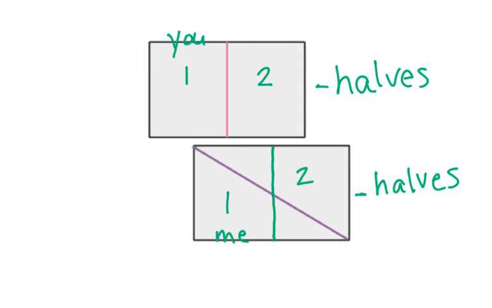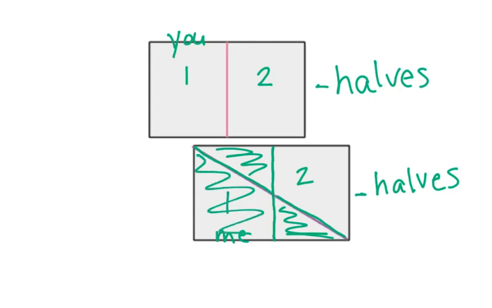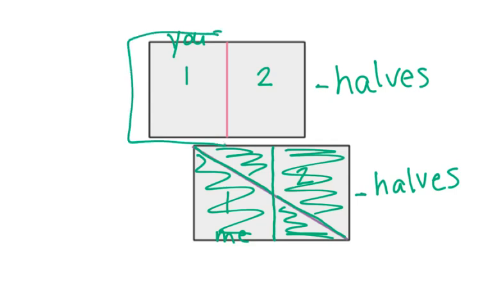Yes, they're the same sizes, because this piece is the same as down here, and then this is the same as right here. So this piece up here is the same as my piece.